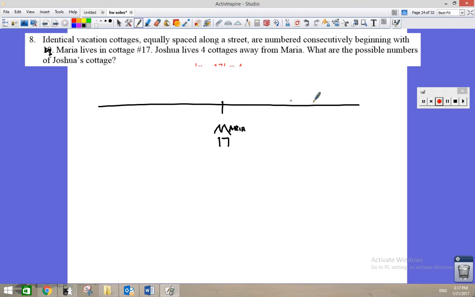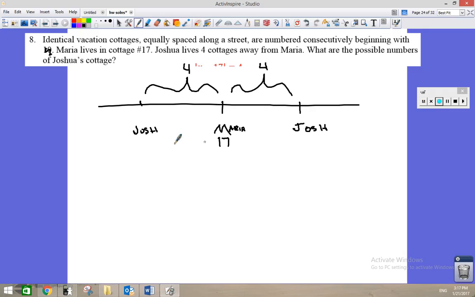But we don't know if his cottage number is above or below Maria's. We do know that he lives within 4 cottages. So we do know that she's in the middle of these possibilities. So we can whittle it down to one of 2 numbers that has to be Josh's cottage.